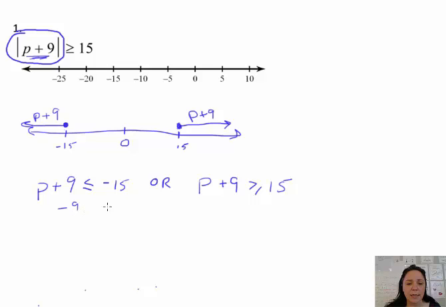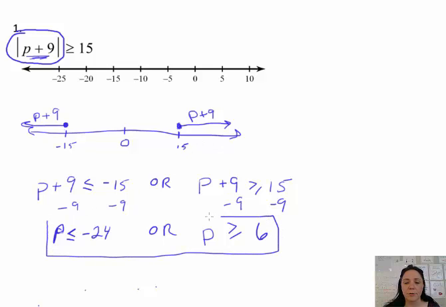So I'm going to subtract 9 from both sides, and I have p is less than or equal to negative 24, or my p is greater than or equal to 6.